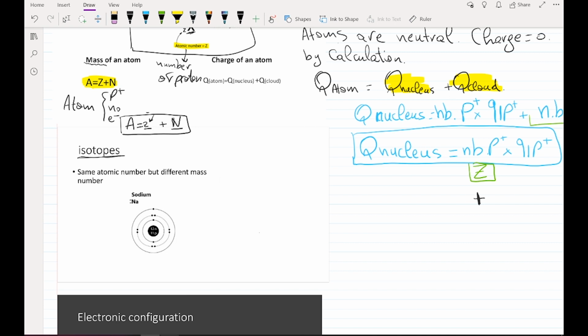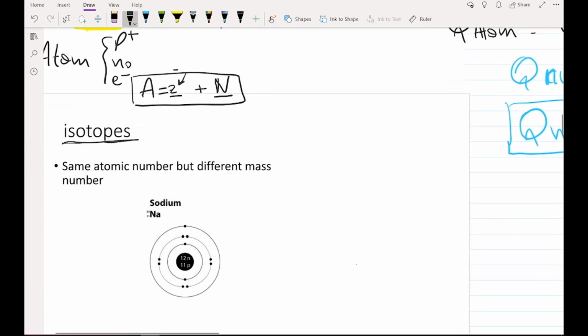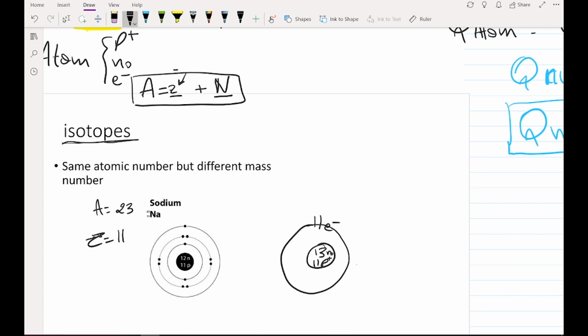Other example for sodium عندها A23, Z equal 11. عندي other atom عندها 11 proton, عندها 13 نيوترون، وعندها 11 electrons.